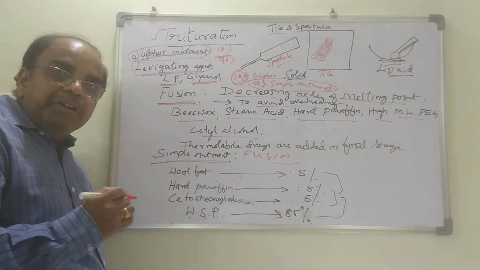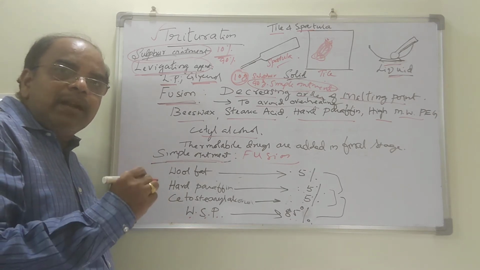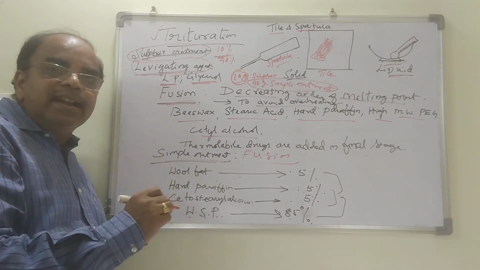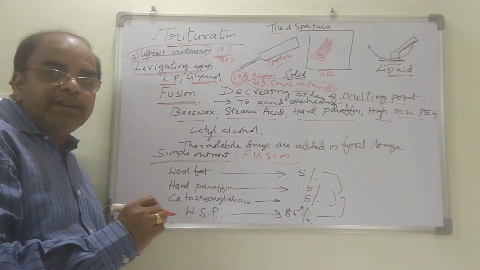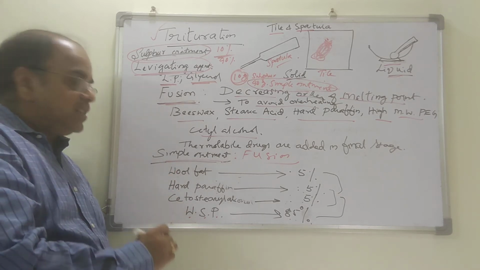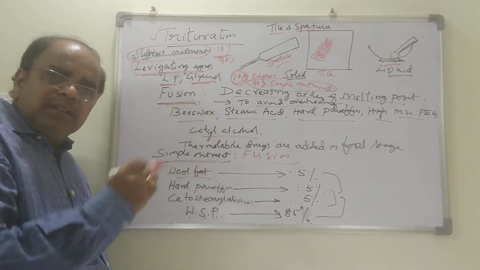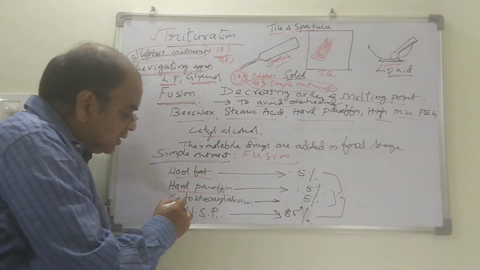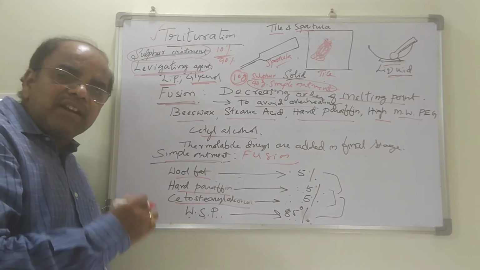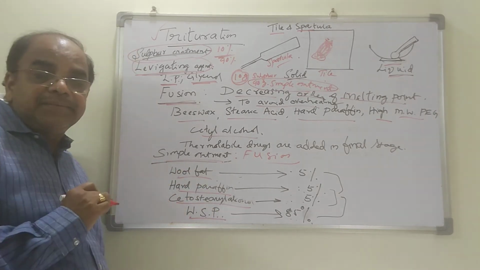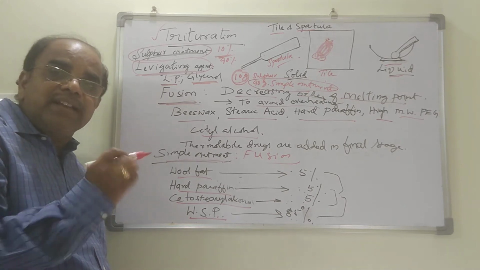Here, what I told you, in the preparation of ointment by the process of the fusion technique, you have to mix and melt the ingredients in the decreasing order of melting point. First of all, let us find out the melting point of all these four substances. Wool fat around 40, hard paraffin 50 to 57, stearyl alcohol also 50, white soft paraffin is less, 38 to 45 range.